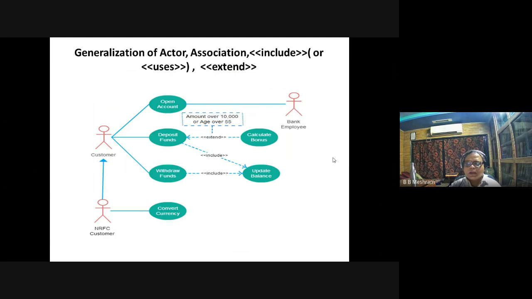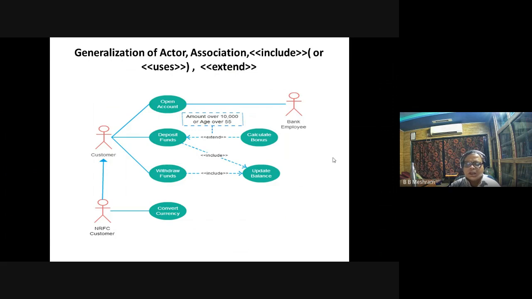In use case diagram, whatever functionality is common, that functionality is assigned to a particular use case, and that use case is used by some other use cases of the use case diagram. In this case, deposit funds include update balance, withdraw funds include update balance.